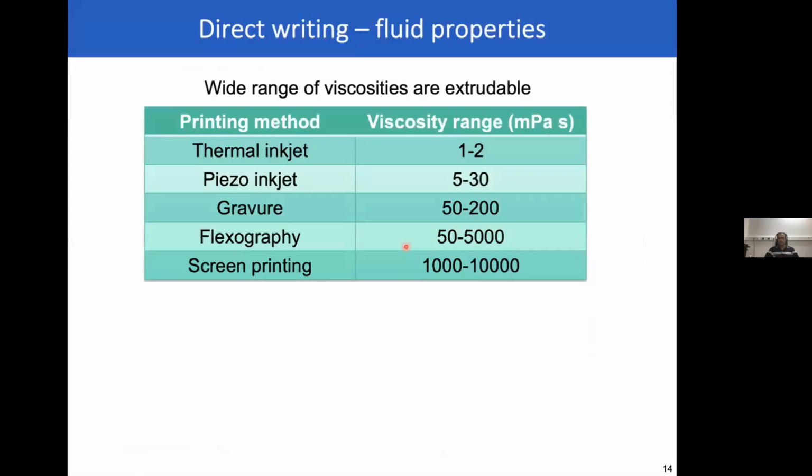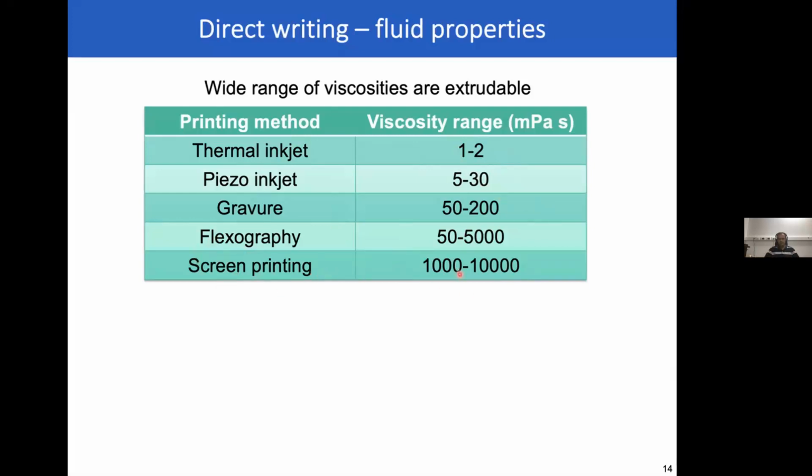So what are the advantages of using direct writing? One of the advantages of our system is that we can accommodate a wide range of viscosities. Typical inkjet printers can only take inks which have low viscosity, similar to, say, water, so they are highly flowable.